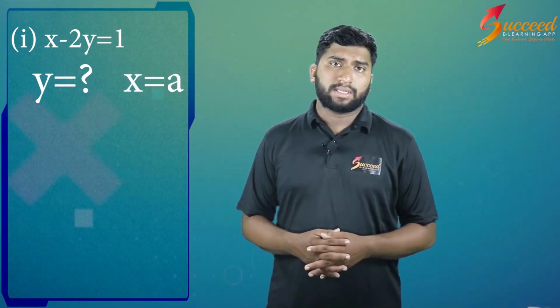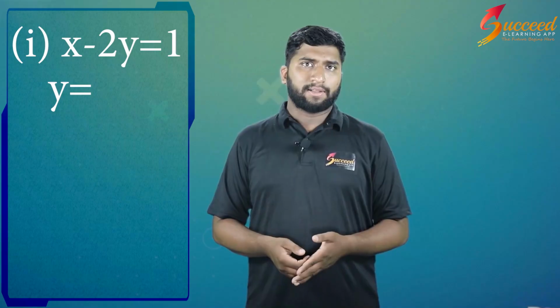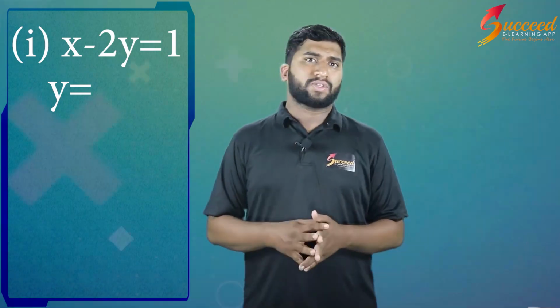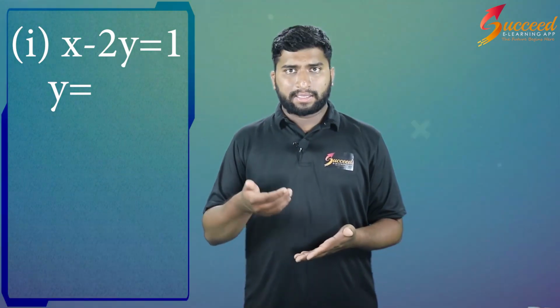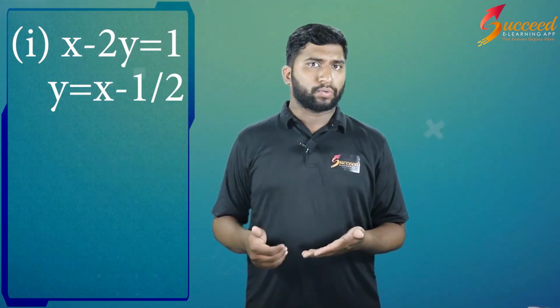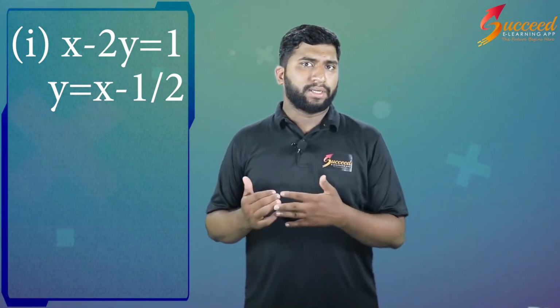We shall take the equation x minus 2y is equal to 1 and find the y value by shifting the x to the right hand side. So what we get here is y is equal to (x minus 1) by 2.